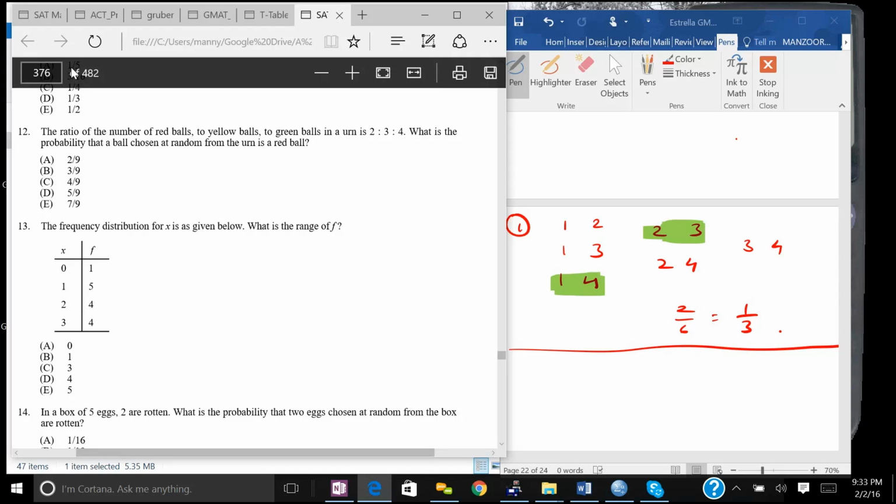A. A as in apple. Okay, that's correct. You picked 2 out of total of 9.